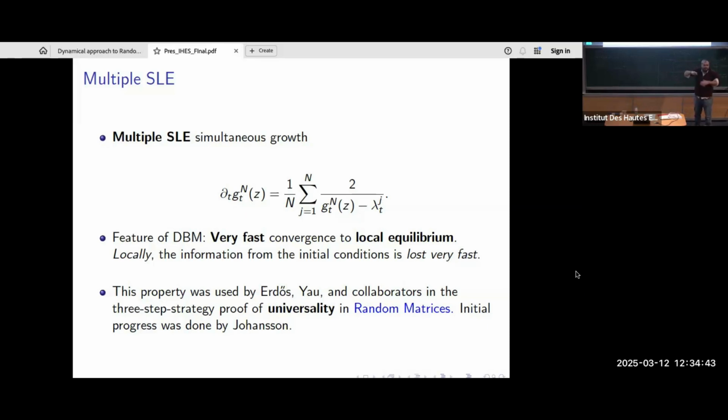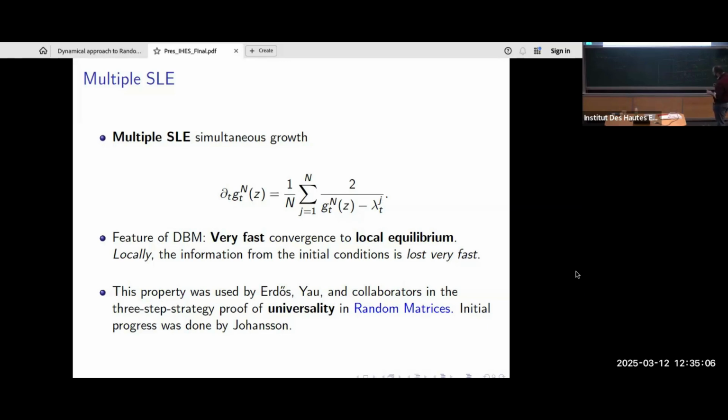The randomness, when n, the size of the matrix, is larger and larger, starts to dissipate essentially. And they use this type of technique in order to show these results. They use this Dyson Brownian motion because it appears as the eigenvalue process in the random matrix pictures that they want. This Dyson Brownian motion has a very fast convergence to local equilibrium.